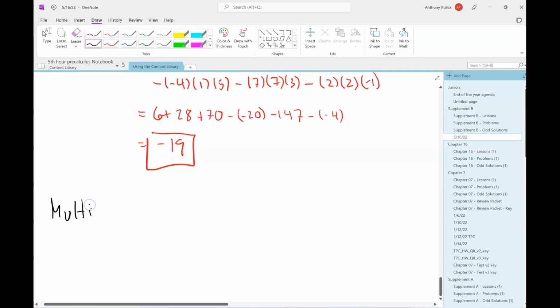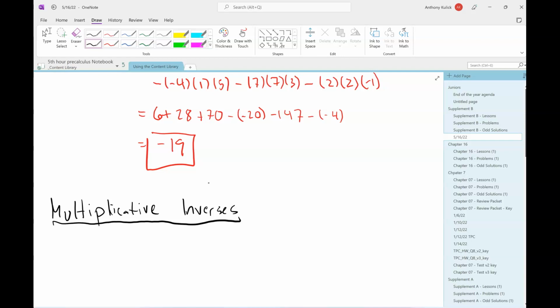The last content piece I want to talk about is multiplicative inverses. So let's go back again to elementary school. Examples of multiplicative inverses would be 2 numbers that multiply to give you the multiplicative identity, which was 1.